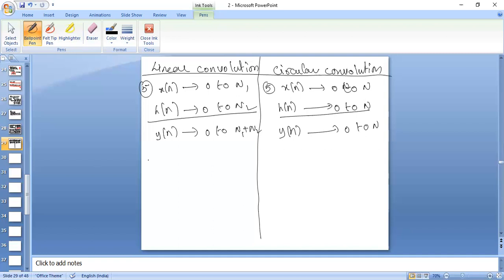And the last and final difference between linear convolution and circular convolution is linear convolution involves linear shifting and linear folding operations.